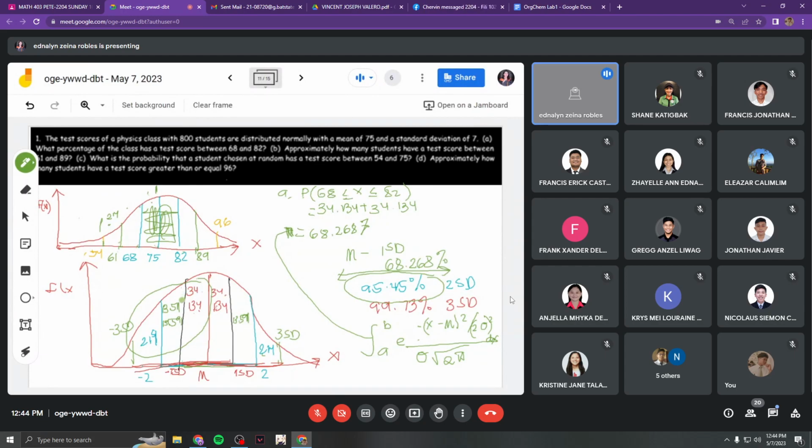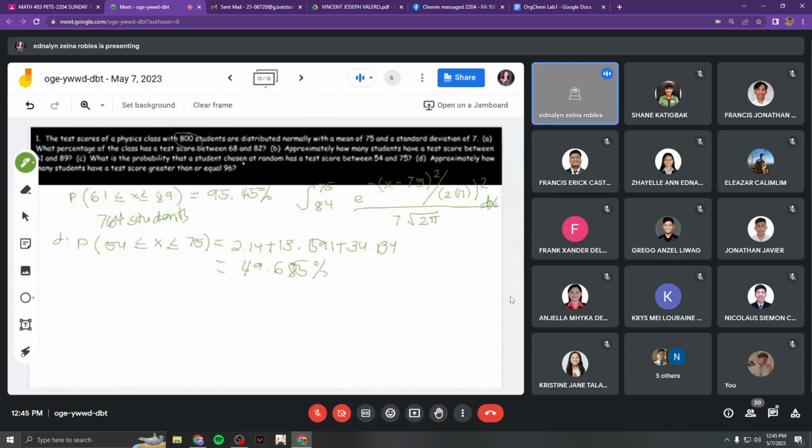The last question is, approximately how many students have a test score greater than or equal to 96? Ano? Yung 96, yun na yung ating third standard deviation. How can we get that?